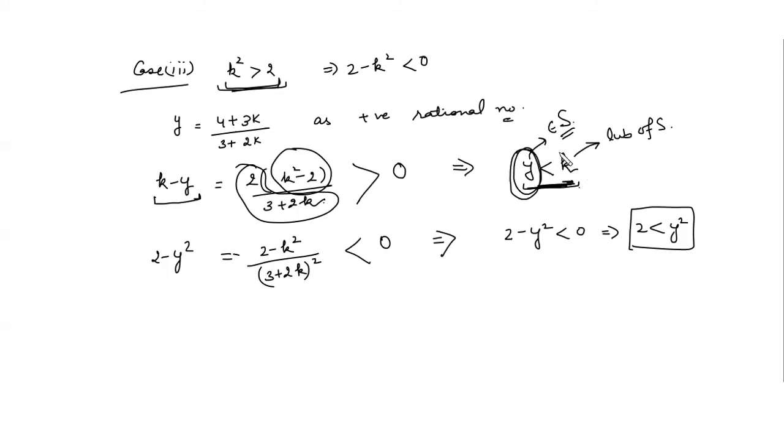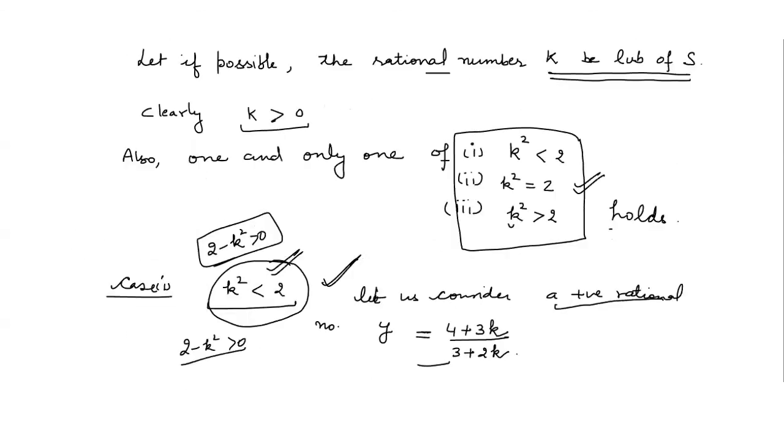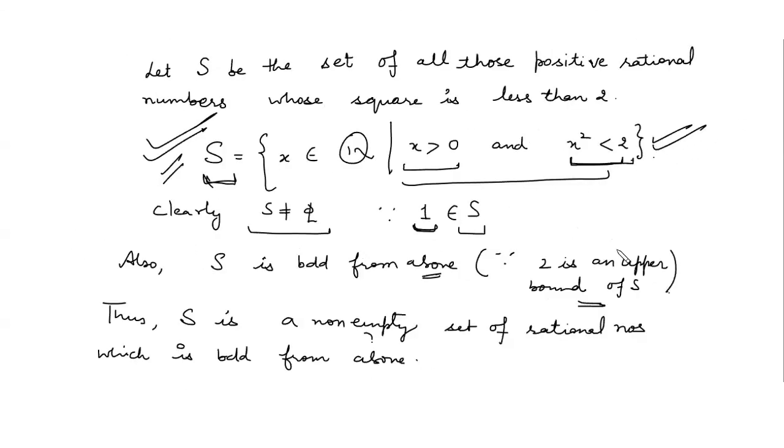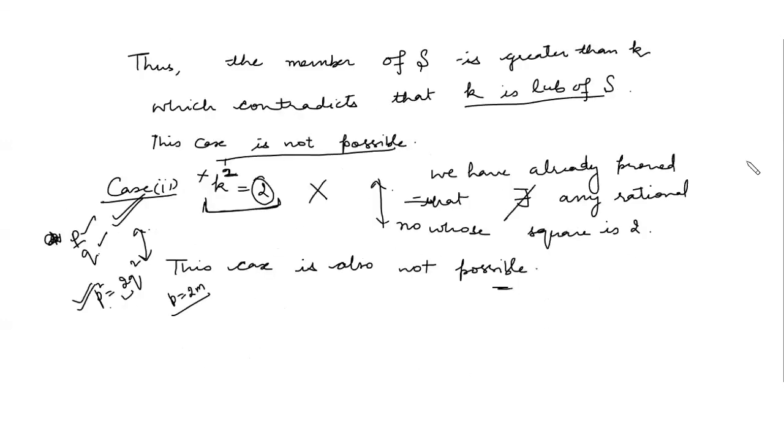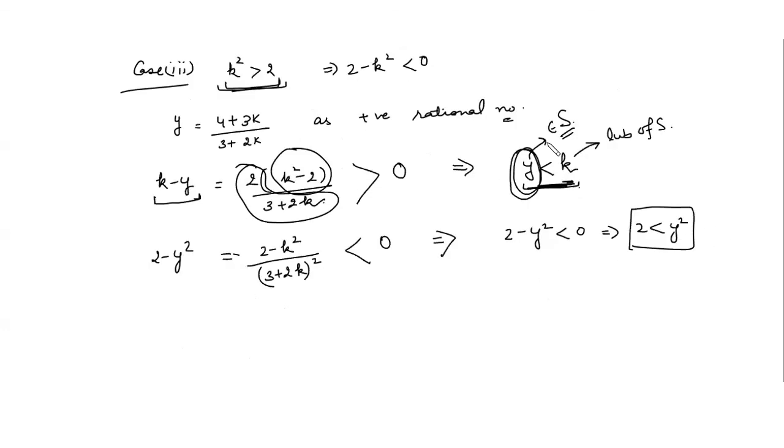If y is a member of S, its square cannot be greater than 2, because our set S is defined like this: it is the set of all rational numbers which are strictly greater than 0 and whose square is less than 2, right? So this cannot be possible, that y is less than k and y square is greater than 2. It means k cannot be the least upper bound, y should be the least upper bound. Is this point clear?